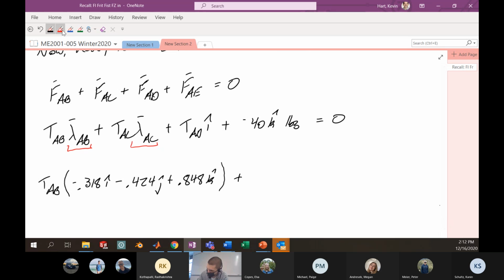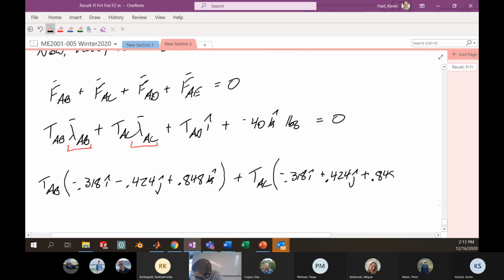I'm going to add to that this component, which is this force here. This is the tension in rope AC multiplied by the unit vector along AC, which we just found: negative 0.318 i hat plus 0.424 j hat plus 0.848 k hat.